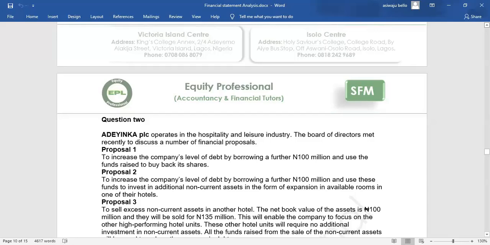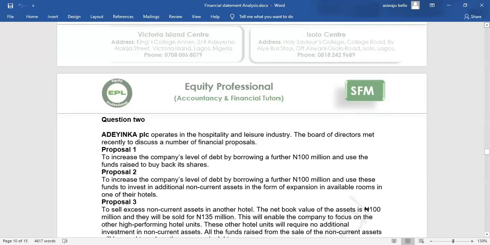Now, to carry out financial analysis, you can use vertical analysis of the financial statement. You can do horizontal analysis, which is the trend analysis, or you can do ratio analysis, or a combination of all these three.